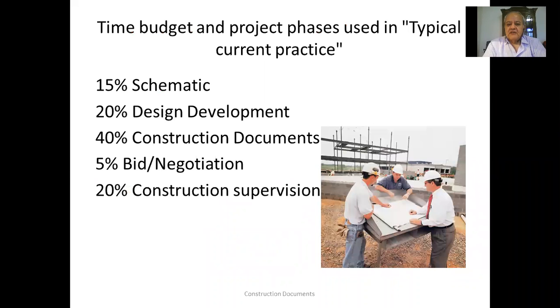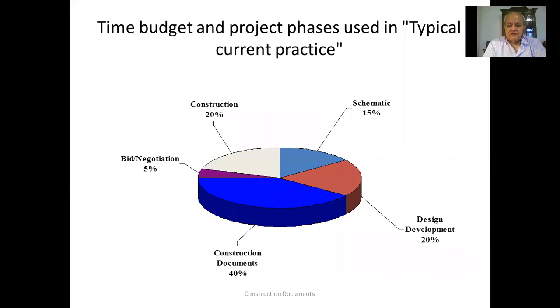So as you said, the budget of the project is typically divided, and the construction documents take 40%. So that's why this part is the most important: the construction, the bidding, the construction phase. This is the most important part that creates revenue for the office.